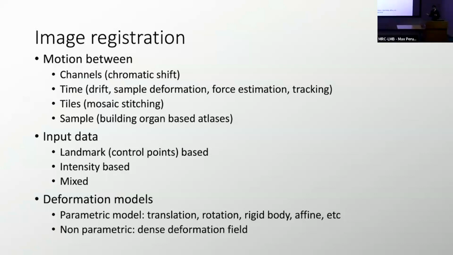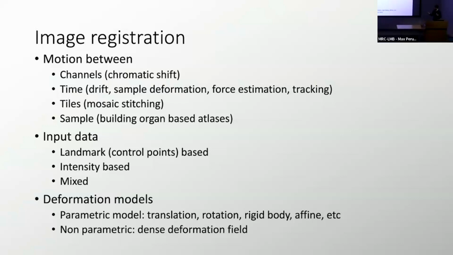There are different kinds of deformation models. You can have a parametric model where the deformation at one point is a function of the position in the image. You can express translation, where basically the deformation doesn't depend on the position, just a constant vector in X and Y. And you can have rotation, rigid body deformation, axial motion, and so on.